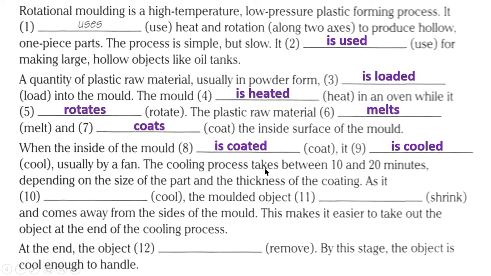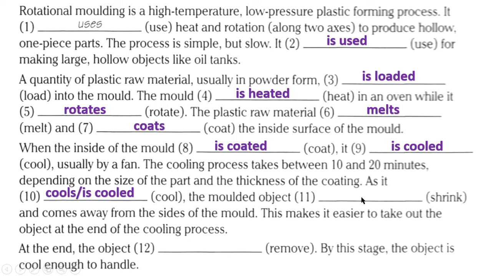The cooling process takes between 10 and 20 minutes, depending on the size of the part and the thickness of the coating. As it cools or is cooled, we can use both active and passive. We can say cools or is cooled.